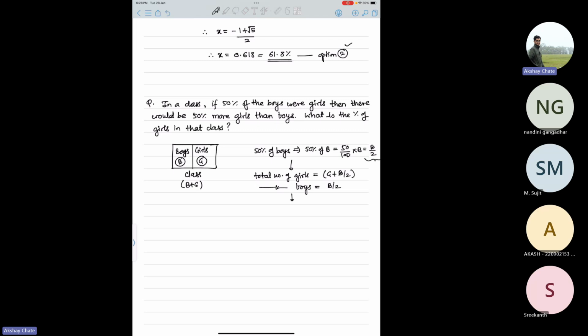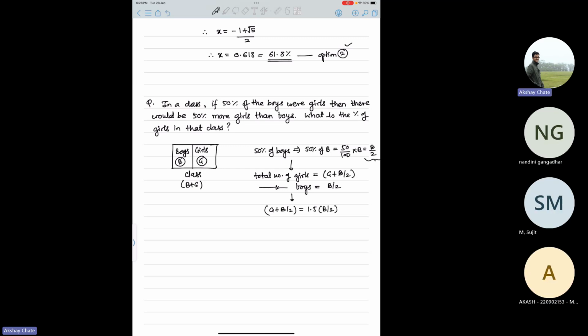So that means this G plus B by 2 is 50% more. That also means that it is 1.5 times the boys that are remaining. So that means this G is nothing but 0.5 into B by 2.